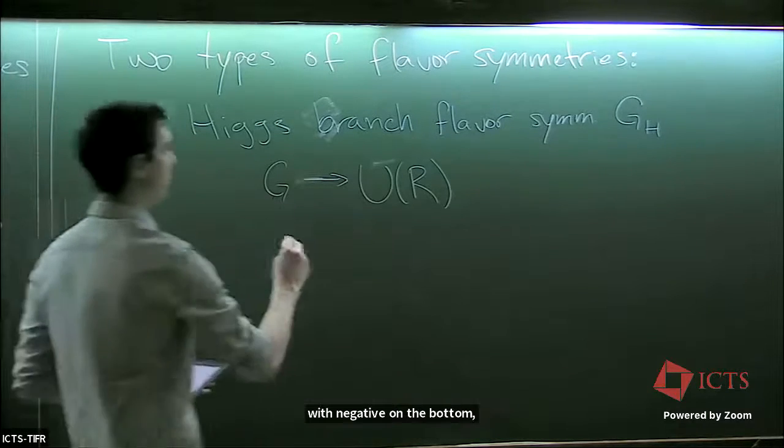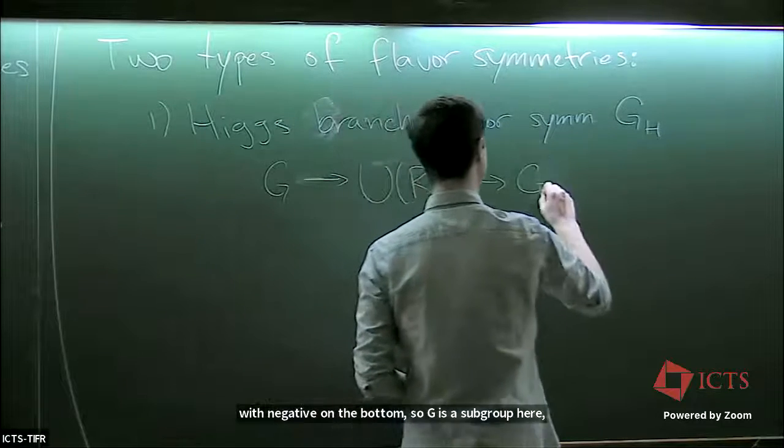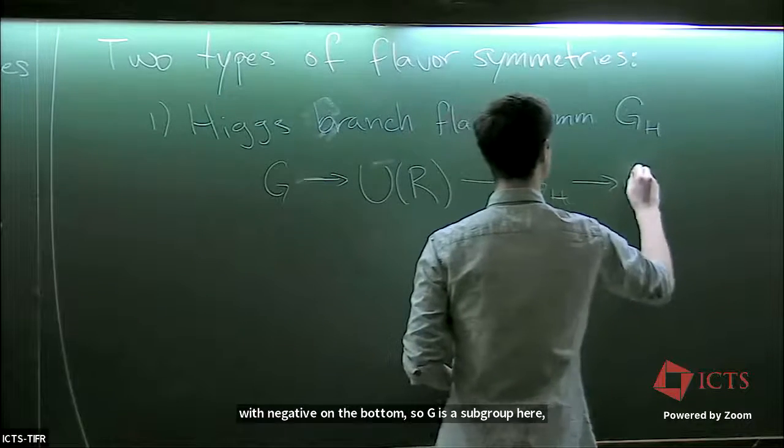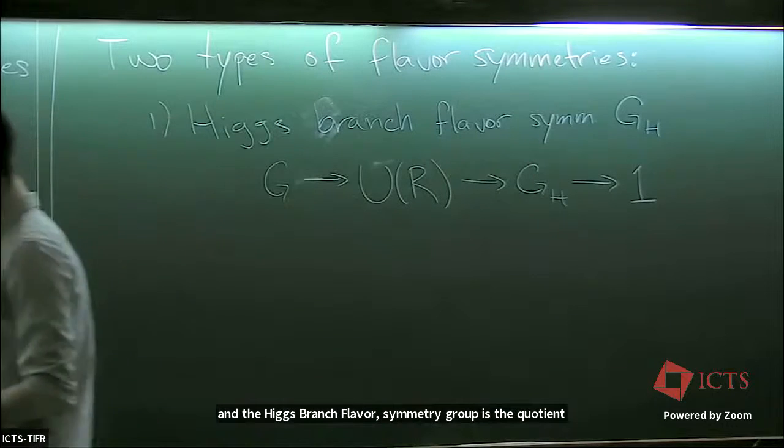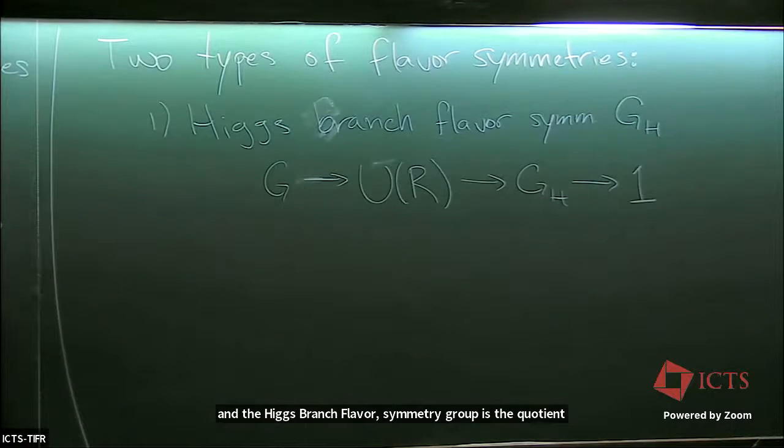So G is a subgroup here, and the Higgs branch flavor symmetry group is the quotient of the unitary rotations on R that are independent of G.